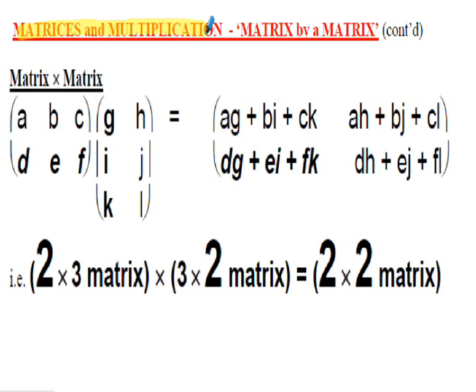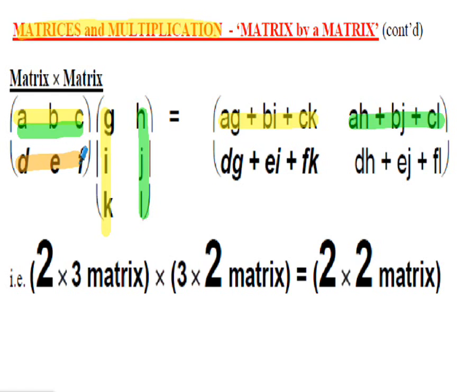Matrices and multiplication continued. If we multiply a 2 by 3 matrix by a 3 by 2 matrix, we get the following generic outcome. Multiplying the first row by the first column produces this element. Multiplying the first row by the second column produces this element.